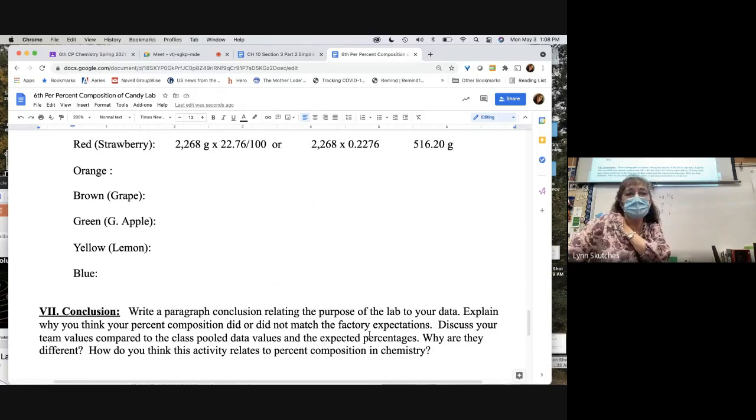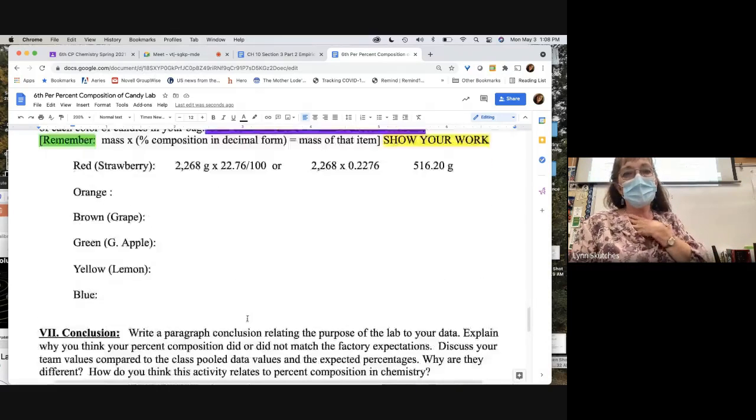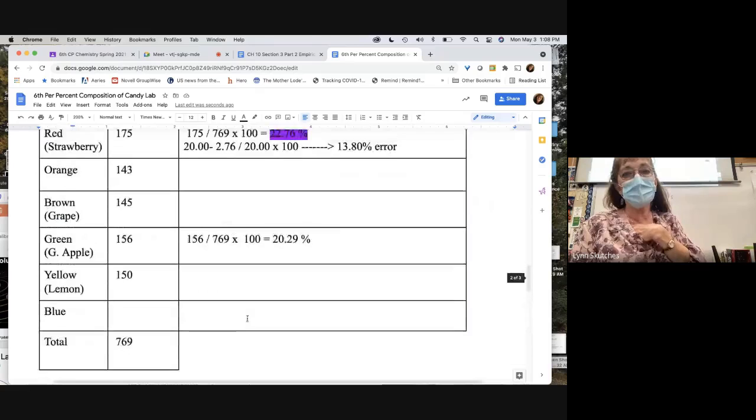Okay. So 7-8 sentences tops is all you need in your conclusion. I don't need a huge story, okay, but just a little bit to sum it up and finish your calculations.